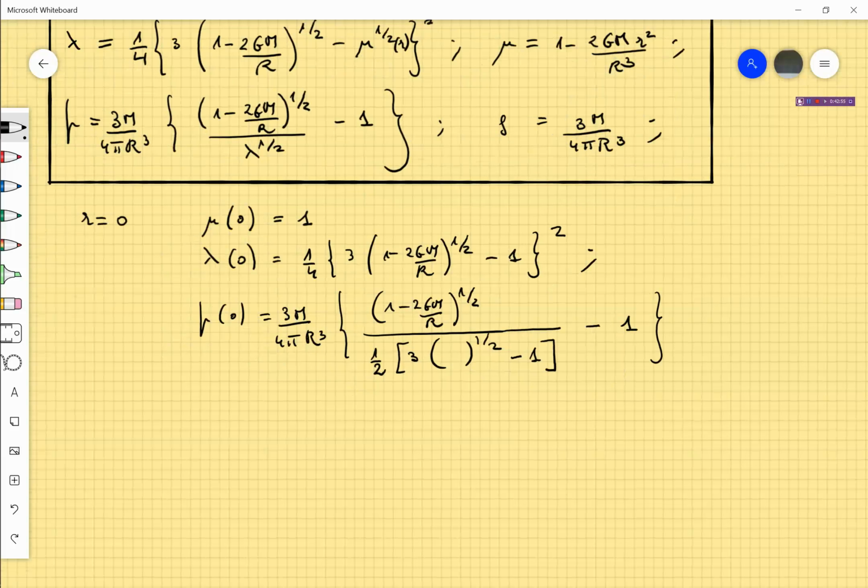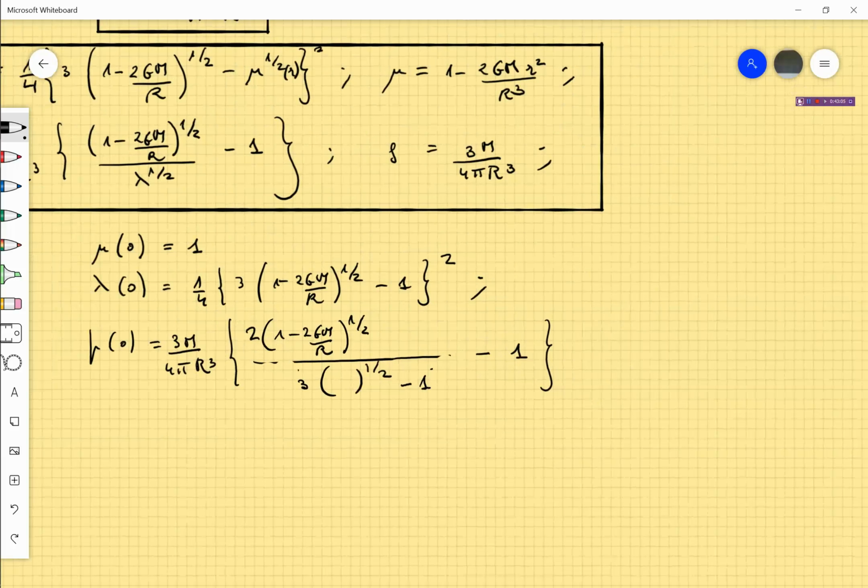And this is it. Now we simplify this. We multiply this by 2. Okay, and we take this as a common factor. So this case minus 3, this parenthesis to the 1/2 plus 1, and everything divided by this. So there is a cancellation.